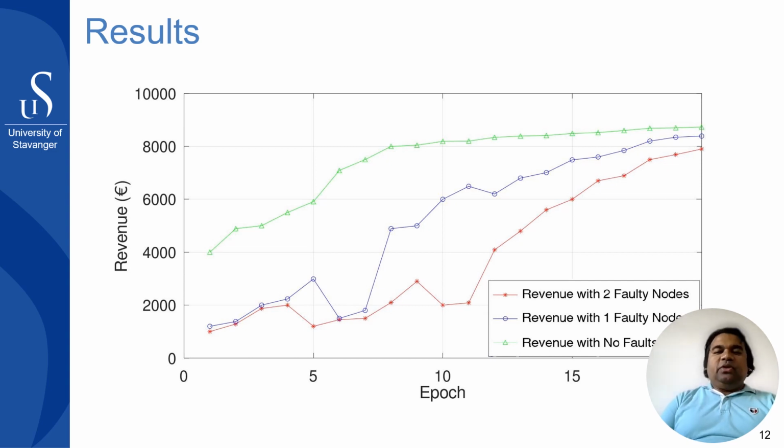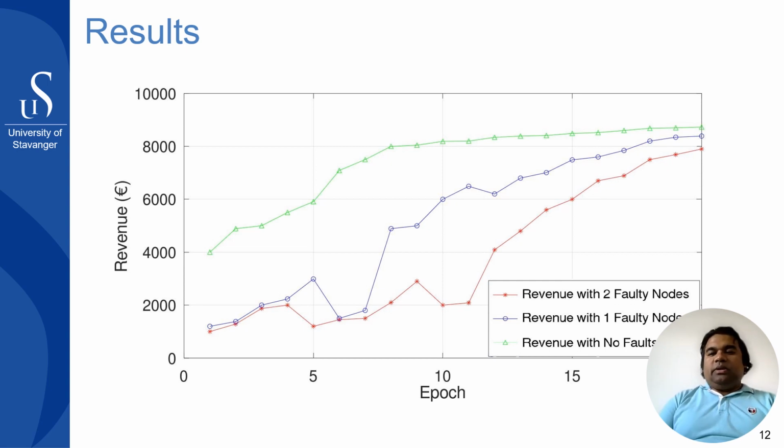Then if we consider the revenue with two faulty nodes, one faulty node, and no faults, we can see that with no faults, as usual, the learning algorithm works very well and the revenue is maximizing, starting at 4,000. With one faulty node, there are some increasing trends, and then a downfall after epoch number 5, which is basically because of the faulty node. But we can see it overcoming the situation, learning the proper revenue model, and the trend is increasing again.